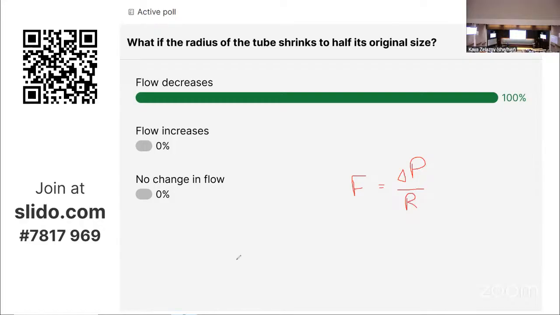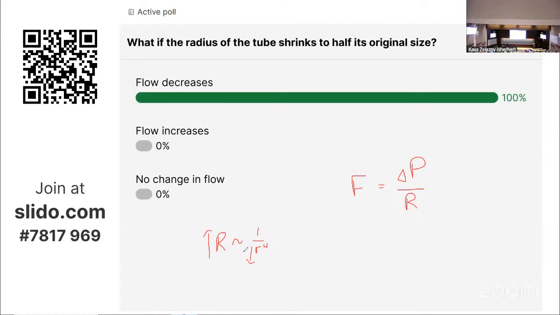Our resistance changes in the opposite direction than our radius does, right? So resistance is going to be like the inverse with some exponents of our radius, right? So in this case, we had our radius shrinking, radius went down, which means our resistance goes up, okay?